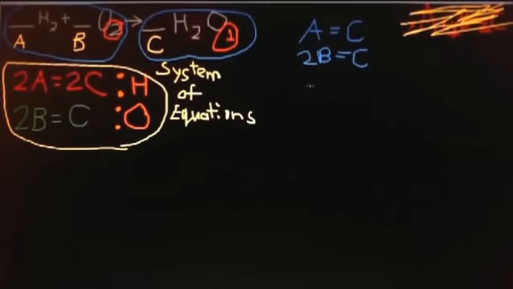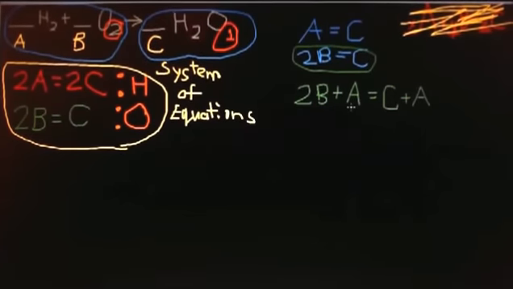Well, let's take this 2b equals C equation. Let me circle that better. 2b equals C. Let's put that down here. And let's add an A to both sides, because we need A in the equation. C plus A. Now we have 2b plus A on this side of the equation, but now we have an A on this side.